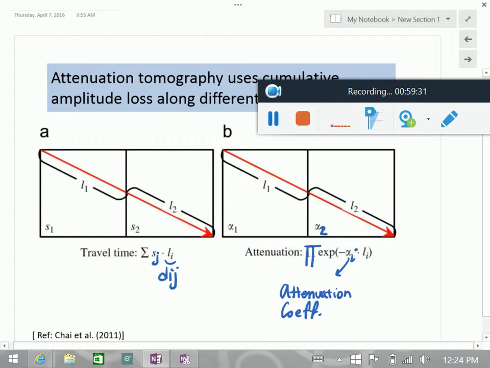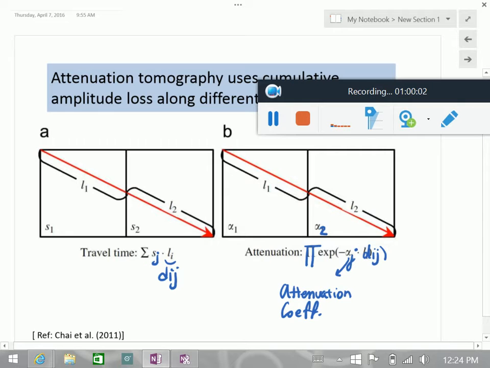And Li is basically, we can call this j and Dij if you want to stay loyal to our previous notation. So basically in each cell, you just multiply the coefficient with the distance. And it has to be exponential. Do I need to explain why exponential? We know, right? Because the amplitude always exponentially decreases over length. So that's why you have this exponential.